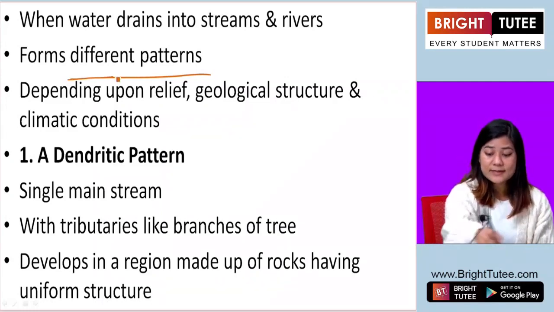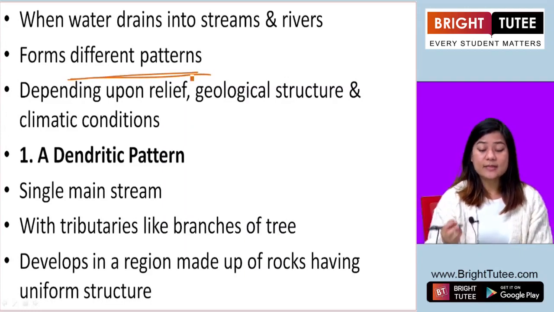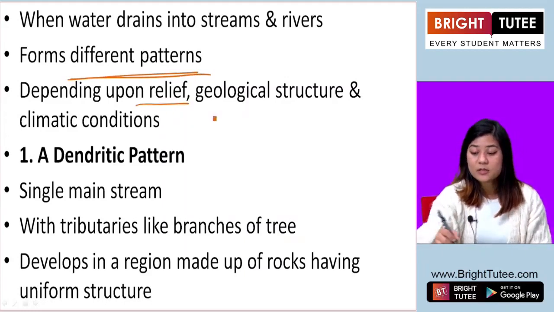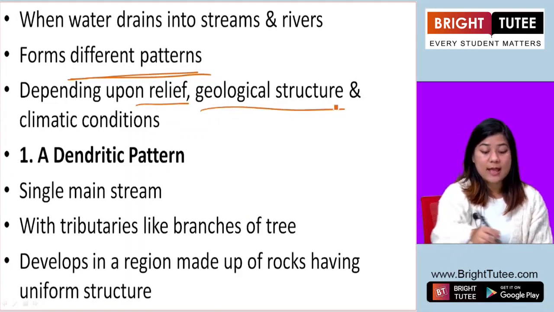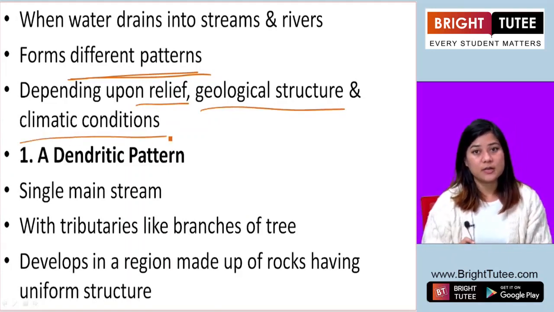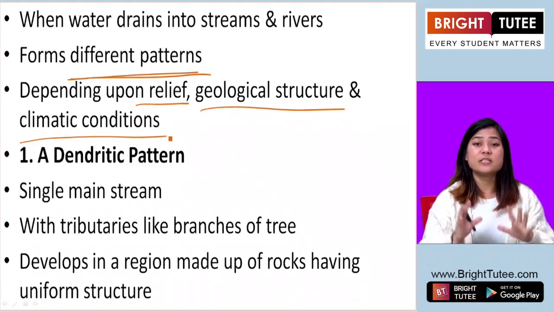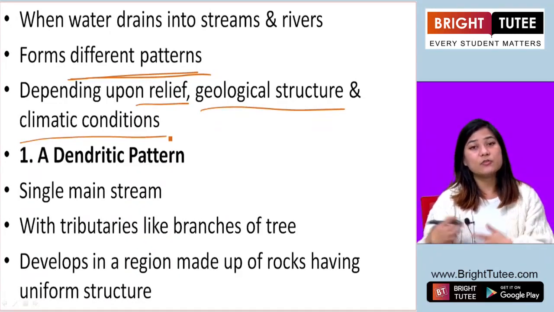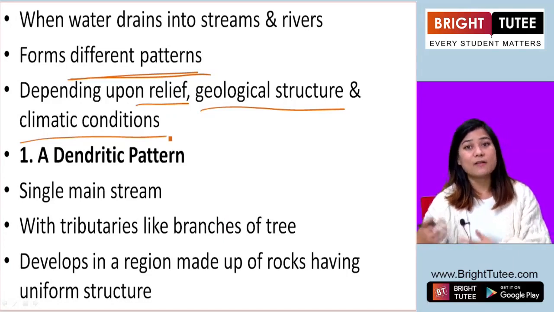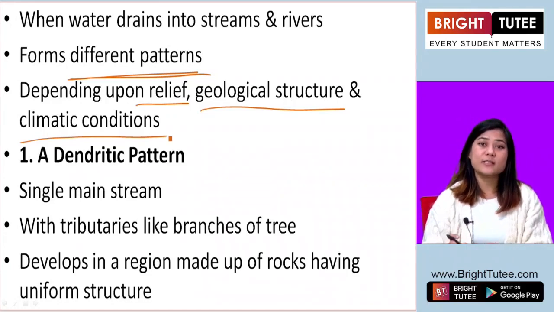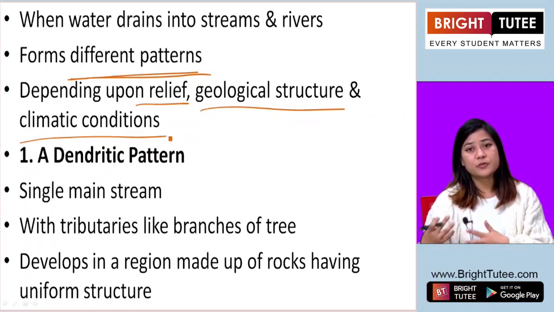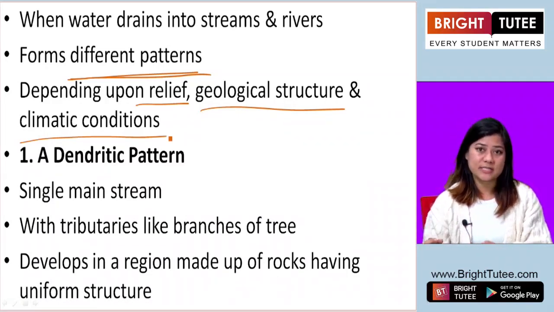Now, those patterns obviously depend upon the relief, the physical landscape, the geological structure, and the climatic conditions. If there is no rain, if the area is very arid, then those areas will not have lakes, or will have rivers which dry up during the hot summer season.